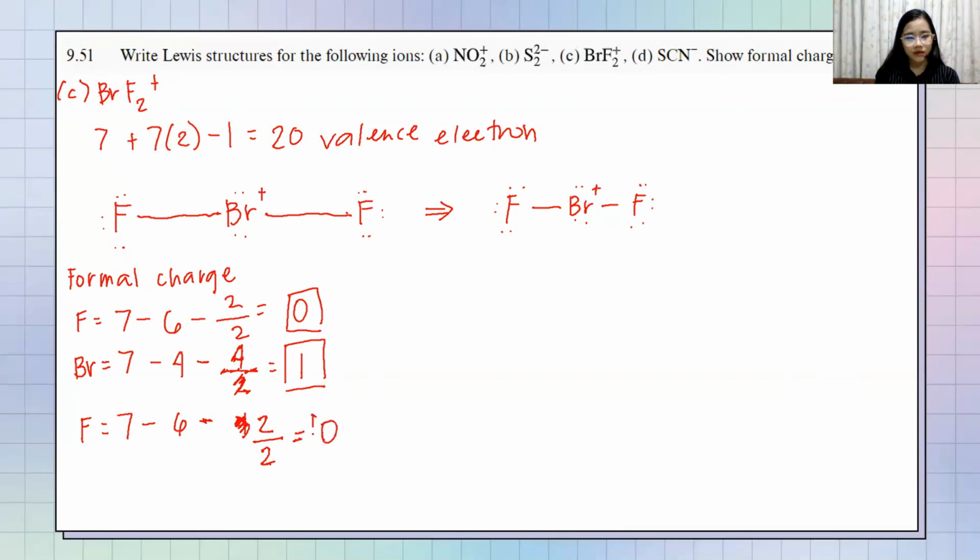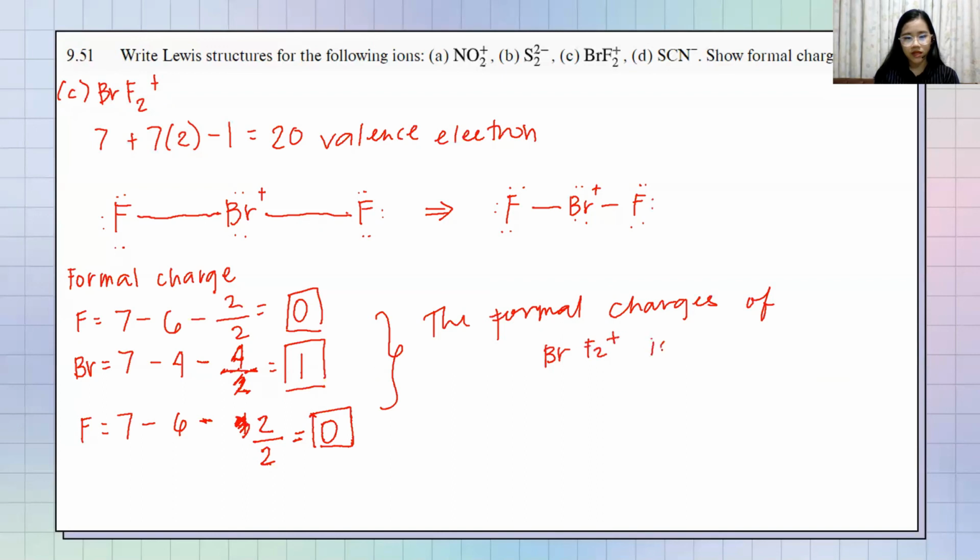That is 0. So we can conclude that the formal charge of BrF2 plus is positive 1.